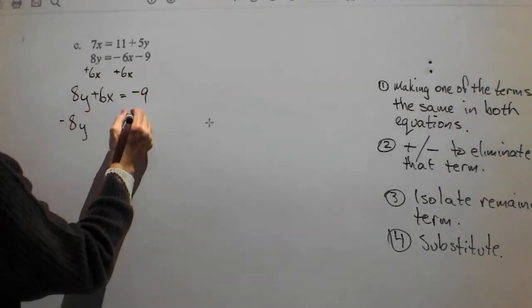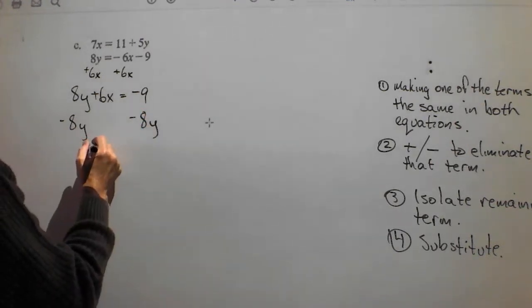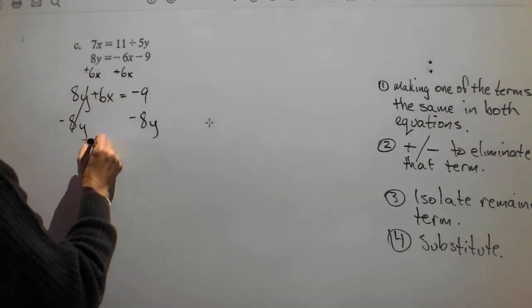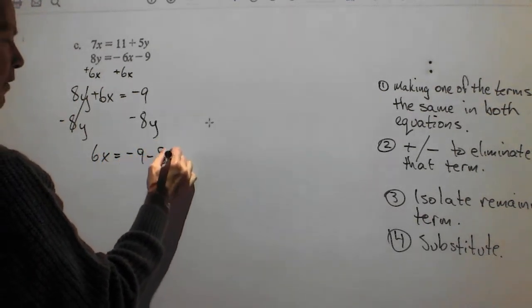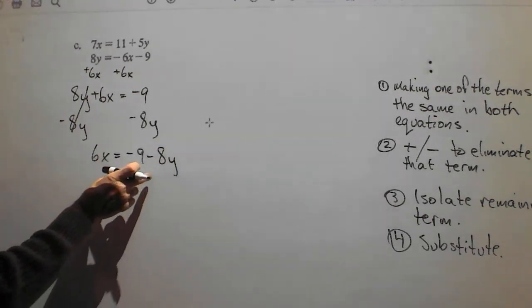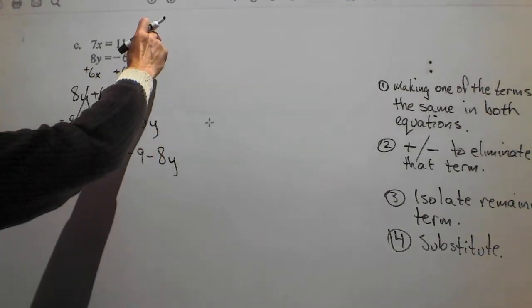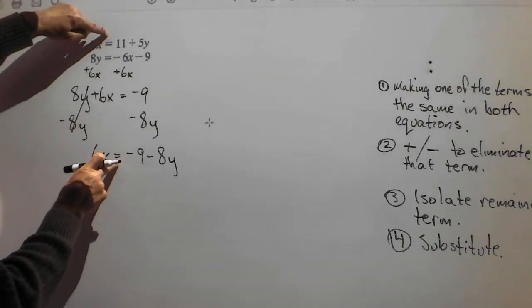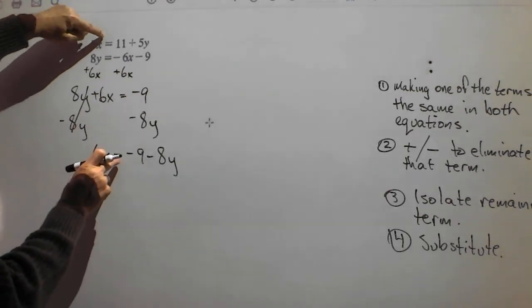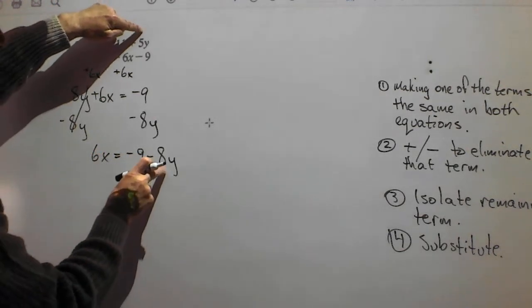So we'll take away 8y from both sides, and that eventually gives us 6x equals negative 9 minus 8y. And you can see now we've got it in the same format as your first equation. The x term, the equal sign, the constant term, and the y.